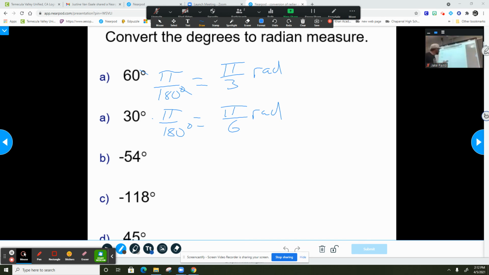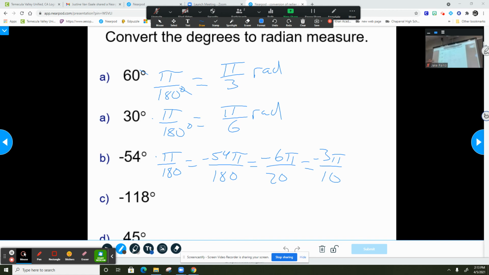Not important right now, but you multiply that by pi over 180 and then simplify the fraction. You get negative 54 pi over 180. 9 goes into both, so we reduce both by 9 and get negative 6 pi over 20. Then 2 goes into both of those, and we get negative 3 pi over 10.